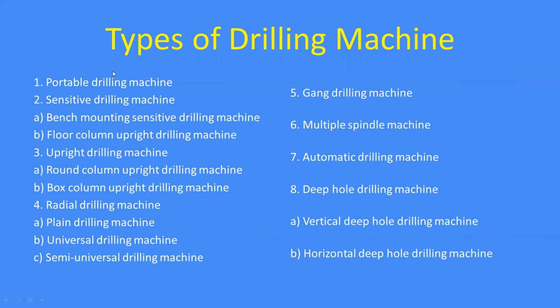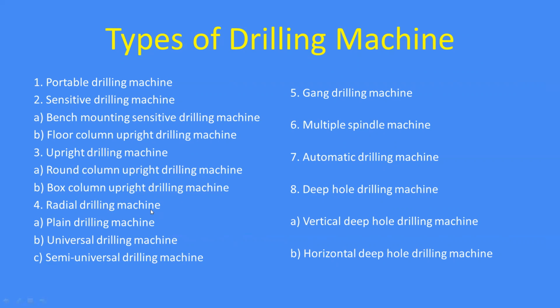So, types of drilling machines. We'll be quickly seeing the different types. First one is the portable drilling machine. Second is the sensitive, in which we have two: bench mounting sensitive drilling machine and floor column sensitive drilling machine. The third one is the upright drilling machine. In that we have the round column upright drilling machine and the box column upright drilling machine.